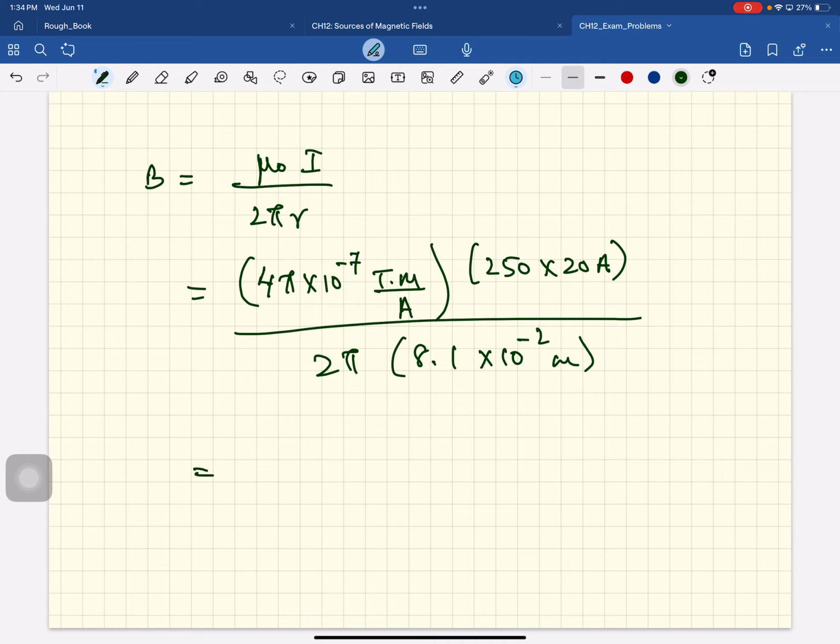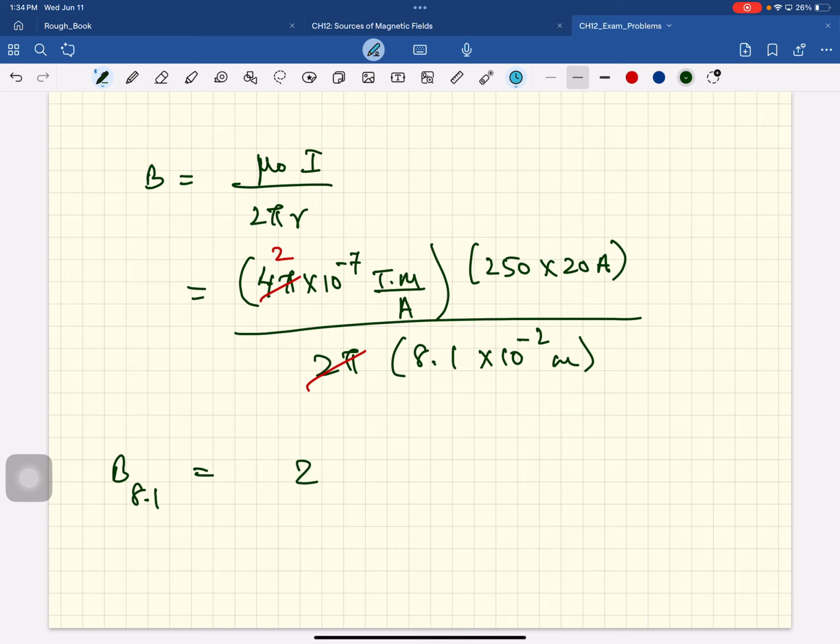So the field at the 8.1 radius is, that becomes 10 to the minus 5, we'll just take 2 from here, and 10 to the minus 3.